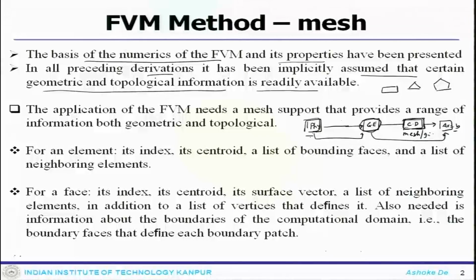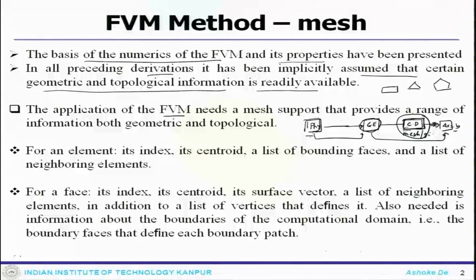Then on top of that computational domain, the governing equations are discretized using a particular numerical scheme. For the current lecture, we have been talking about the finite volume. So, using that discretization scheme, we finally reach an algebraic system for the linear solver, and the linear solver gets you the solution. So, that means there is a key component, which is the mesh, and the mesh support.